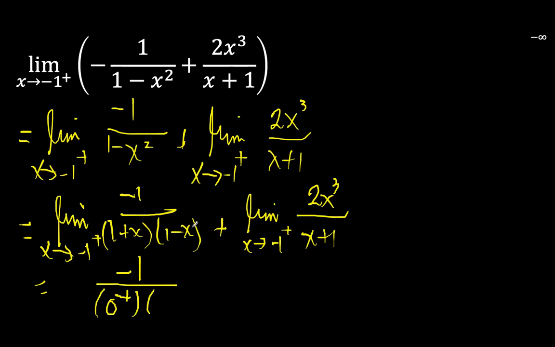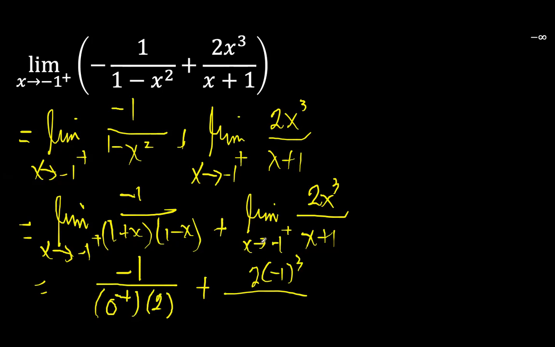And here, 1 minus negative 1 is 2. Plus here, 2 times negative 1 cubed over here again.